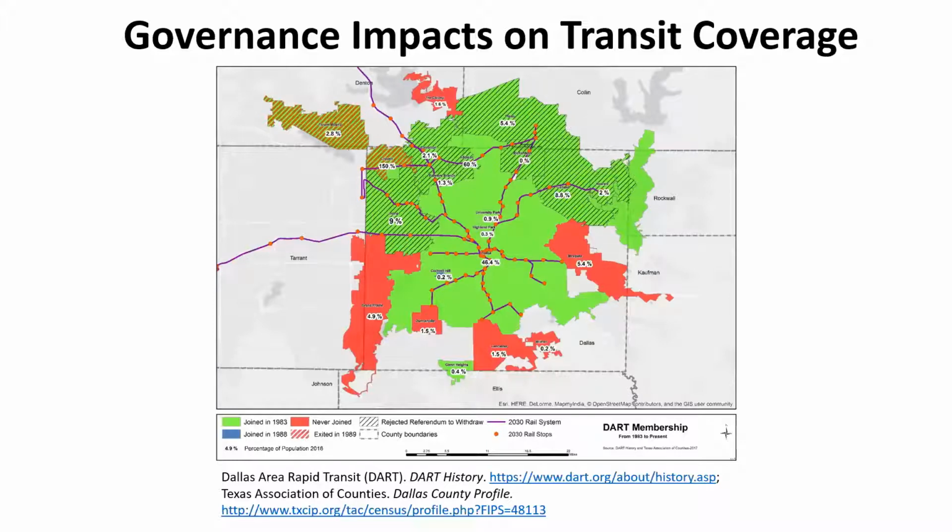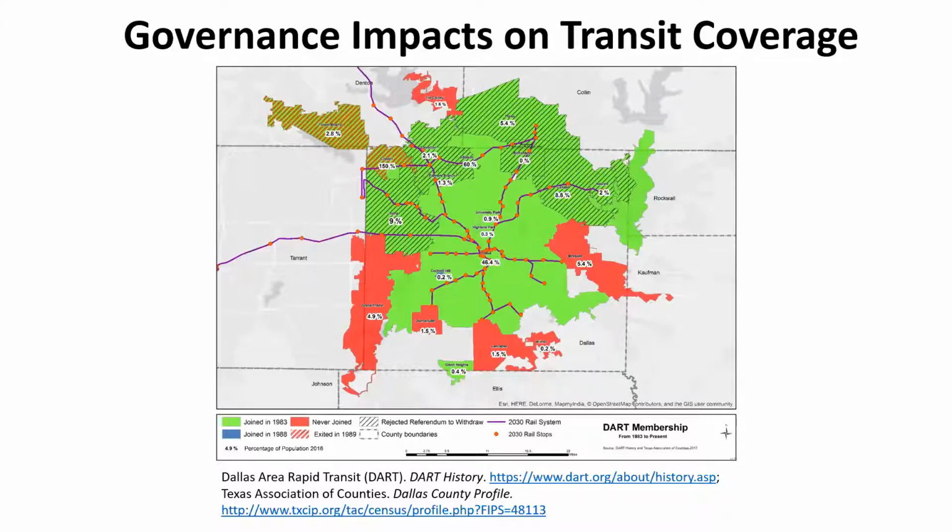We also know that governance of transit agencies can have a large impact on where transit goes. For example, this map of the Dallas Area Rapid Transit system in Texas shows the green areas are areas that are in the transit agency. The red areas are jurisdictions that voted back in 1983 to not join the transit agency because of high cost, or they didn't want public transit.